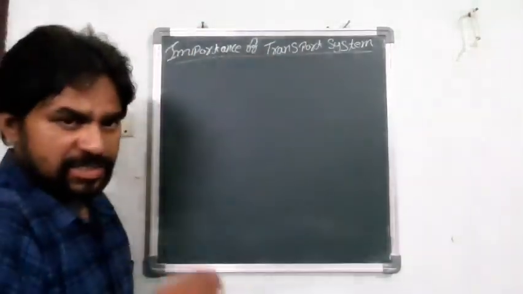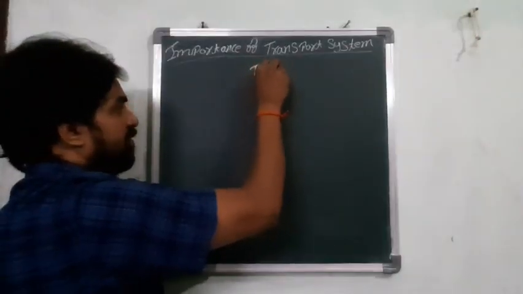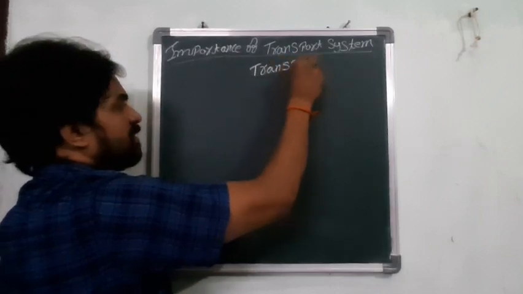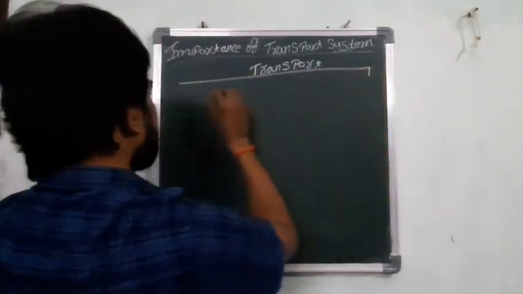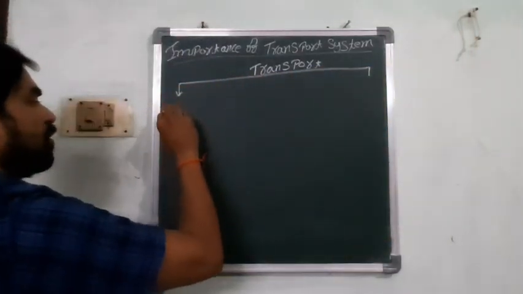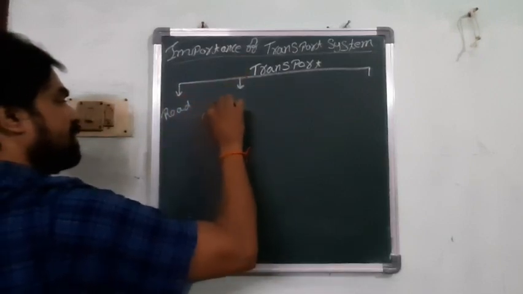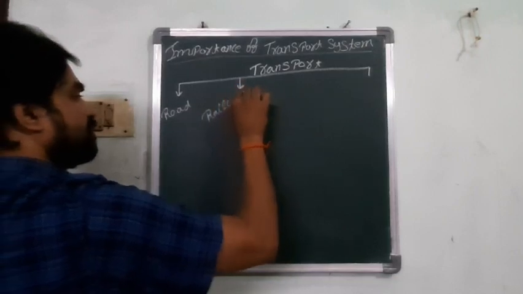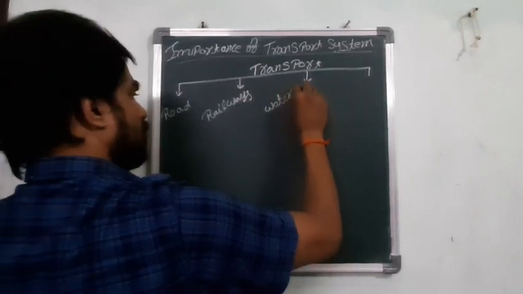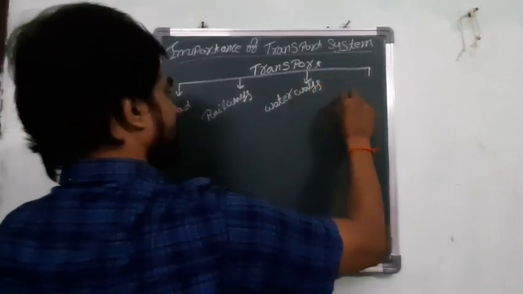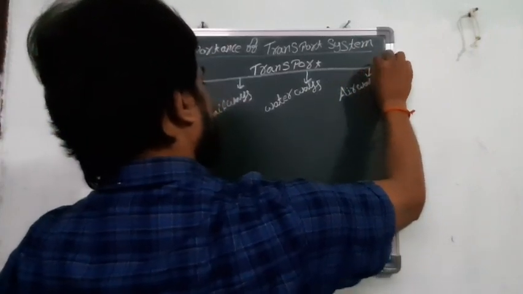They gave the first column as mode of transport. It means the different types of transport which we are following. The transport was divided into 4: first roadways, second railways, next seaways or waterways, and the last one airways.